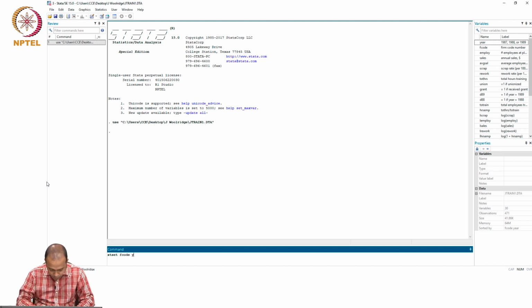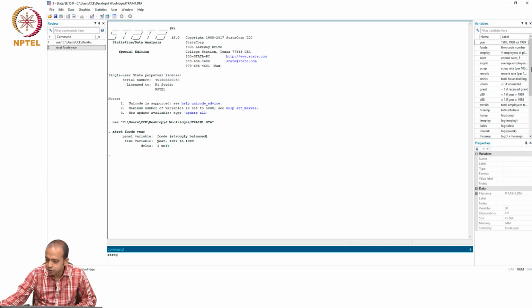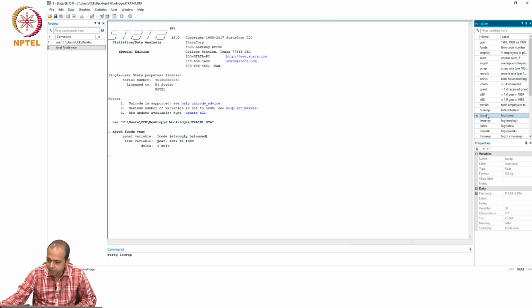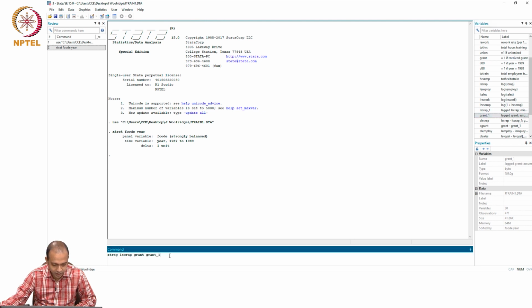What we will do is first estimate the fixed effect model, which is xtreg, with performance measured by L scrap, and then grant, and grant previous year. This is the fixed effect model that we are going to estimate.